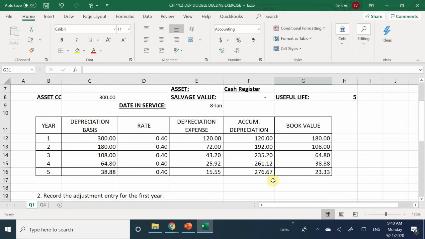If we were to go more extensive, let's say there is a salvage value of, I don't know, let me think, $40. Then once we hit this $23, or when we hit that $38 on the 4th year, we're going to have to go back and fix it, which we'll take a look at in the next problem.